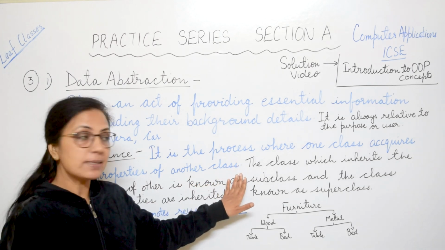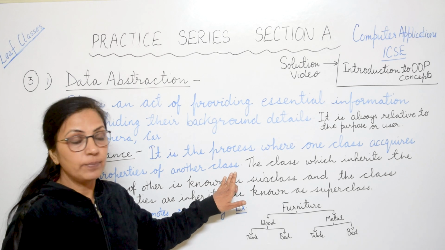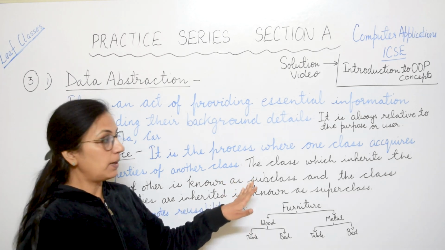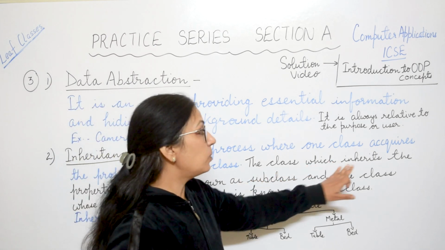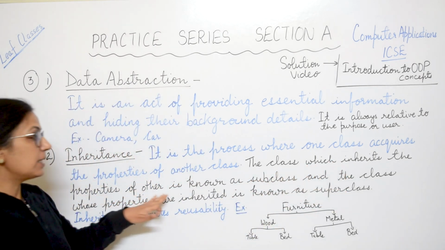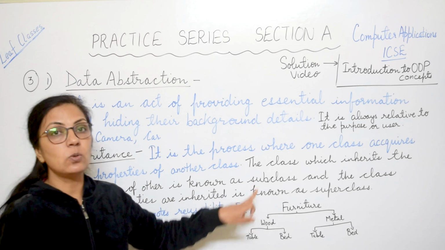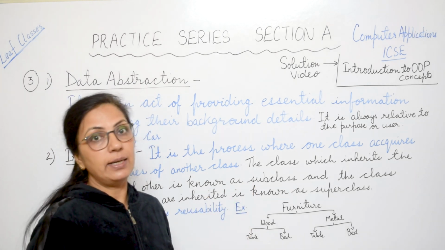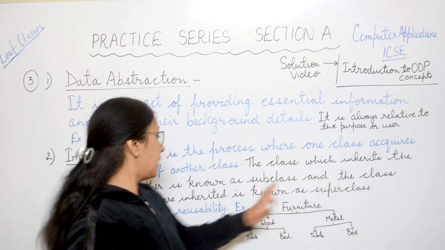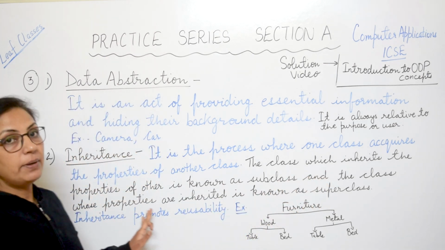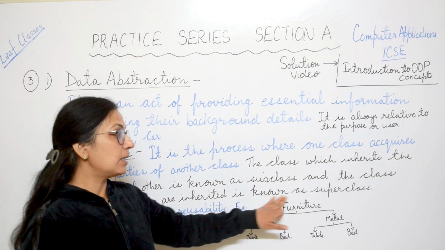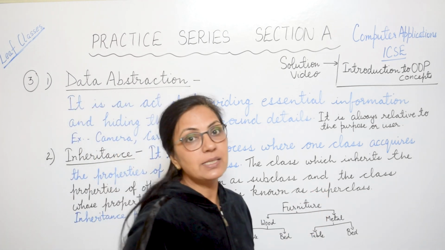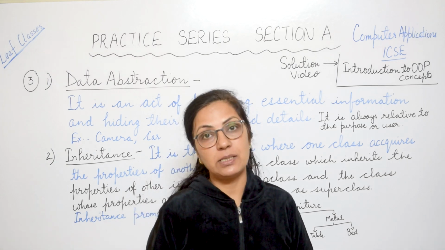If definition is asked, you can write till here. What I have written with black, that is just for the explanation. The class which inherits the properties of another class is known as subclass or the child class or the derived class. And the class whose properties are inherited are known as superclass or the base class or the parent class.